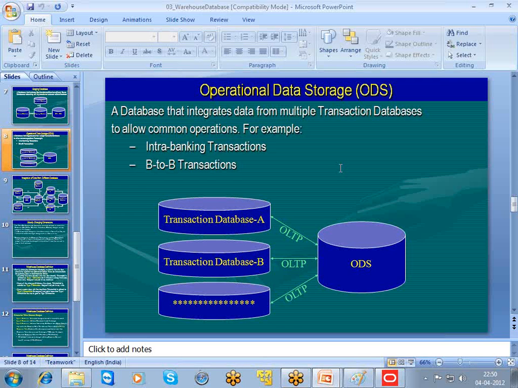It can happen in intra-banking transactions or B2B transactions. For example, when you try to take a loan from a bank, they ask a lot of questions. One important question is: did you take any loan from any other bank? You say yes or no, but they won't simply believe us.